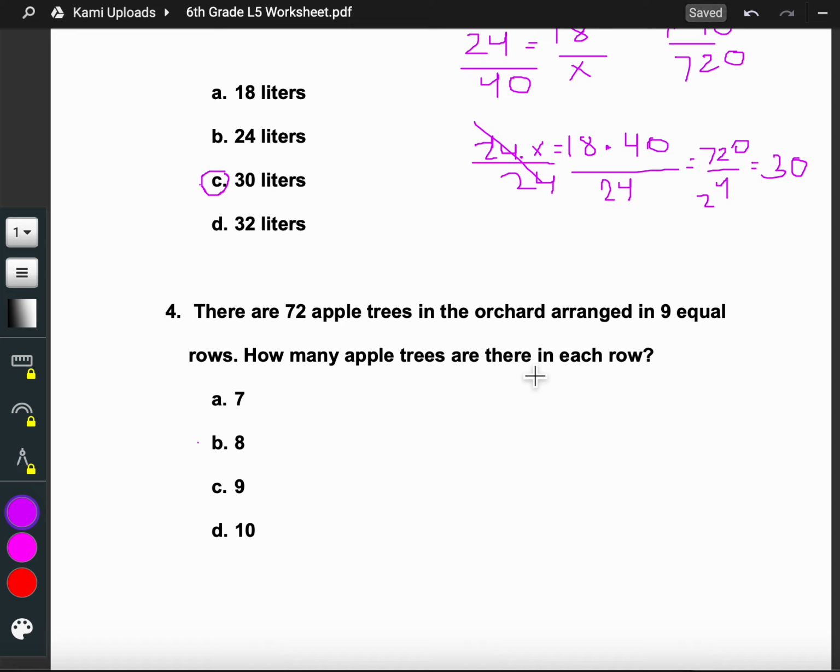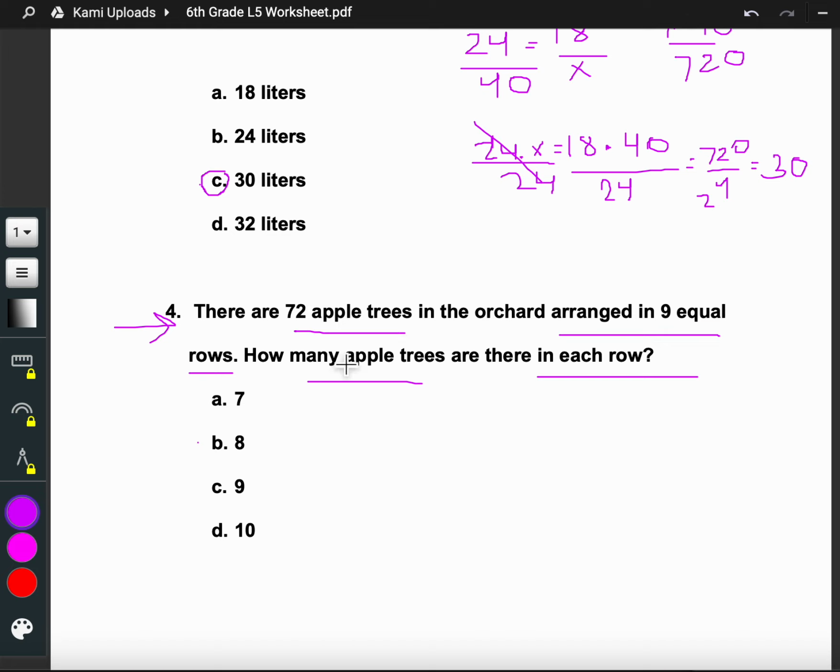Okay. And then we have number 4. There are 72 apples in the orchard arranged in 9 equal rows. How many apple trees are in each row? So whenever you see something in each row, or a total of something in rows, that probably means you're dividing.